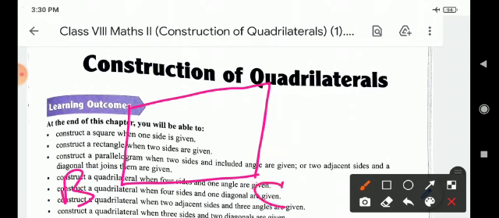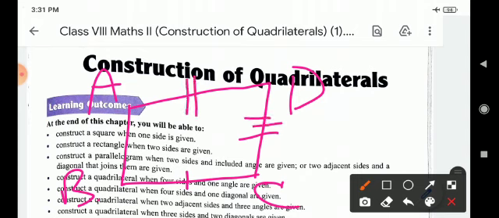A, B, C, D. BC and CD are adjacent sides. CD and DA are adjacent sides. DA and AB are adjacent sides.